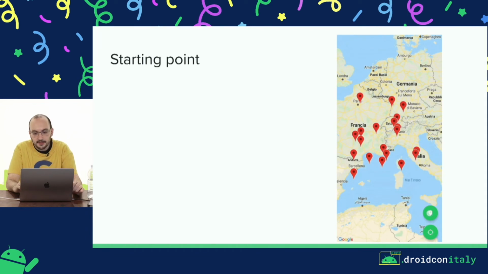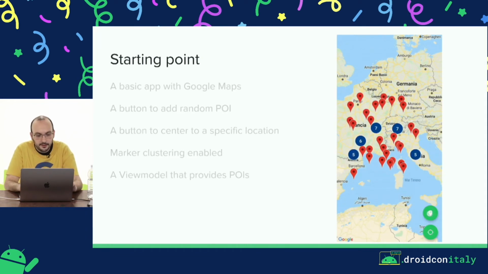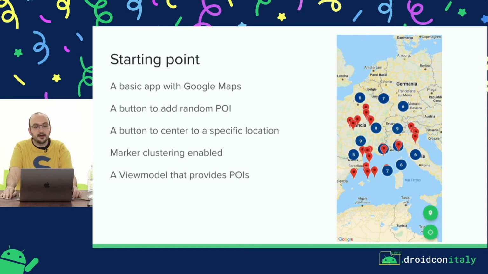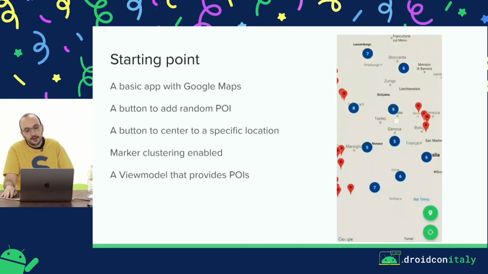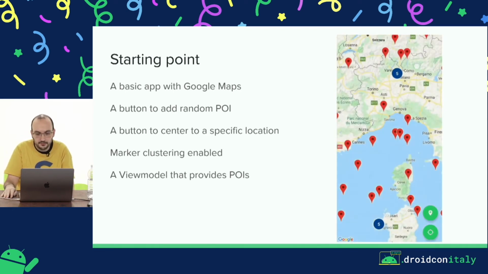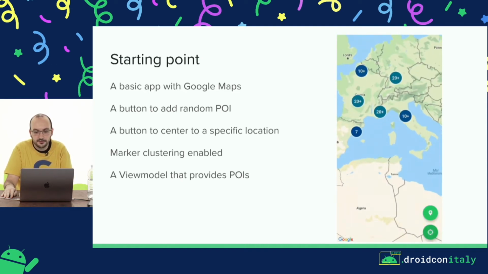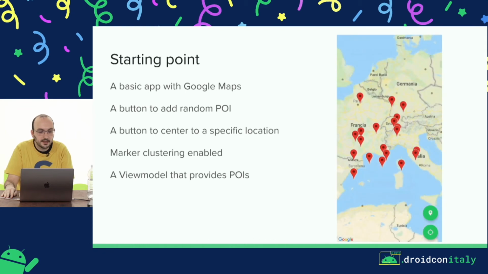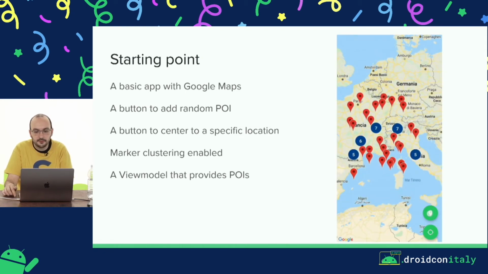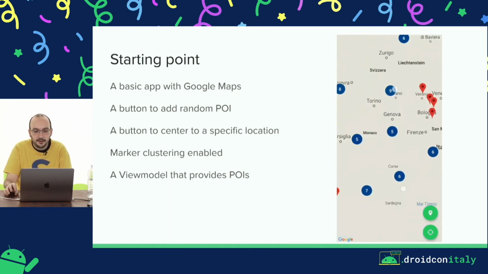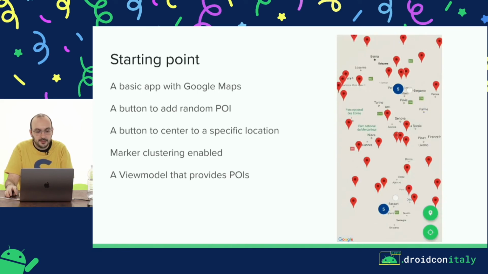So this is our starting point. We have a basic app with Google Maps, and we have two buttons. The first one adds a random point of interest to our map, and the second one centers the user to a specific location. And in this map we have marker clustering enabled.